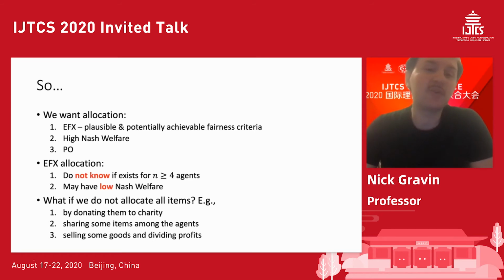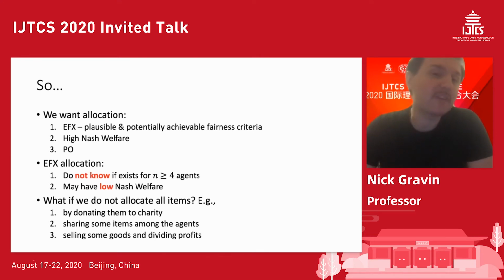There are a lot of options for what you can do with just a few items in this inheritance. Maybe you can donate some of them to charity, or dispose of them in some way. Maybe you can share some of these items, which is not convenient, but at least you don't waste them. Or you can sell some of the items and divide the profits. It might be very inefficient, but in this way you can get rid of some items.